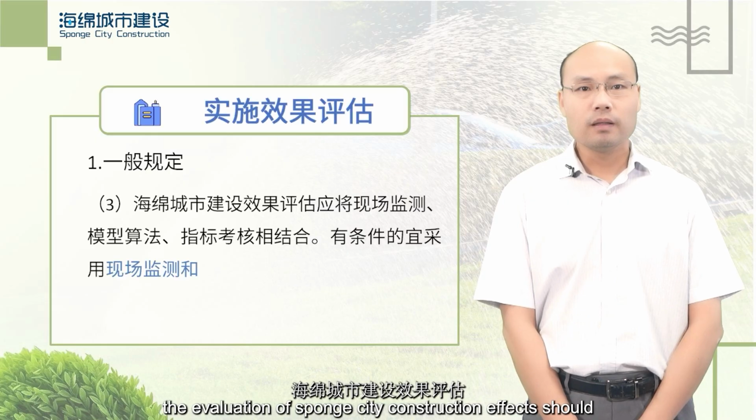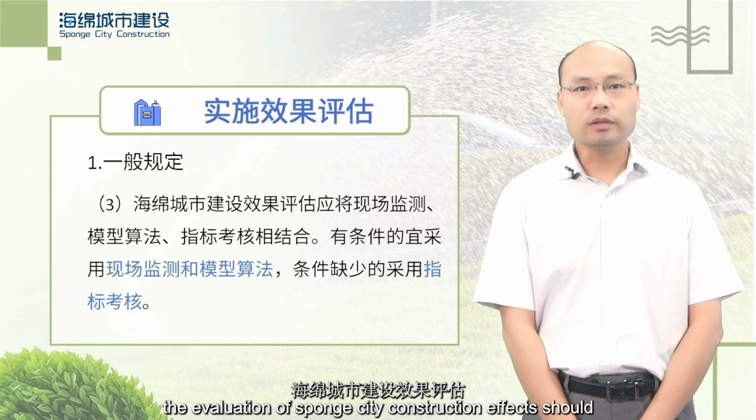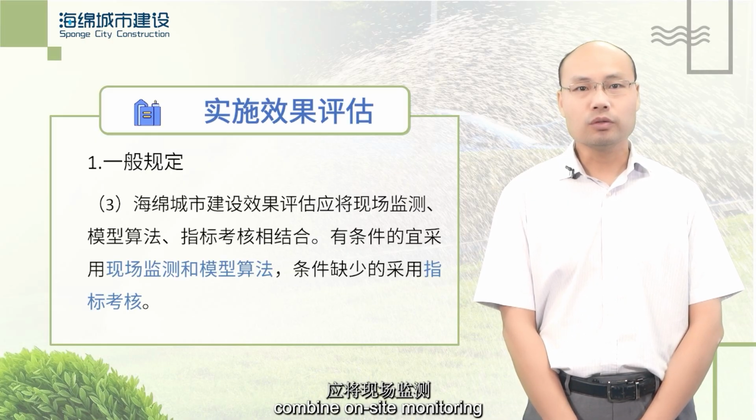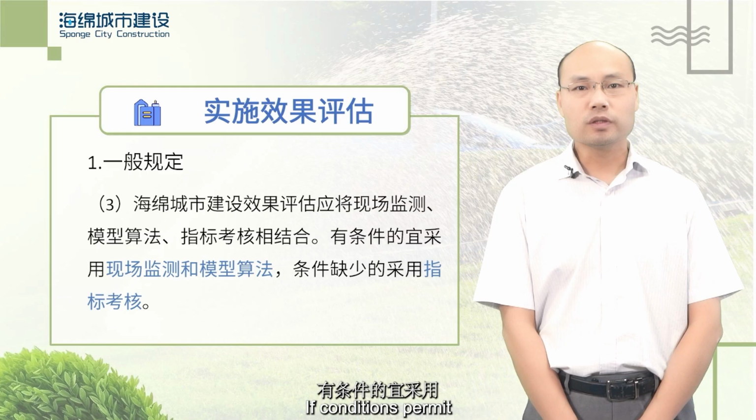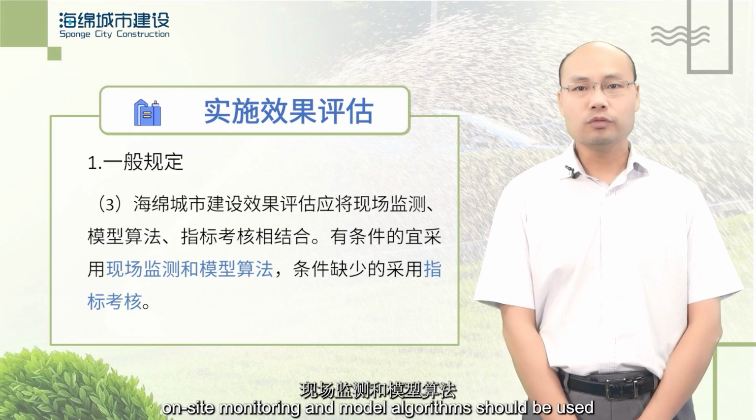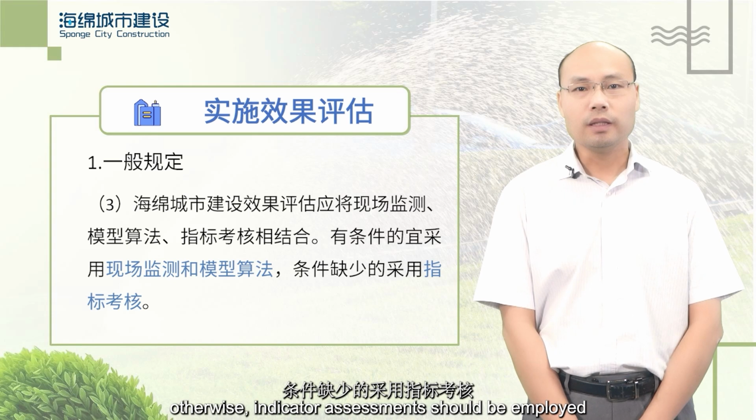The evaluation of sponge city construction effects should combine on-site monitoring, model algorithms, and indicator assessments. If conditions permit, on-site monitoring and model algorithms should be used. Otherwise, indicator assessments should be employed.